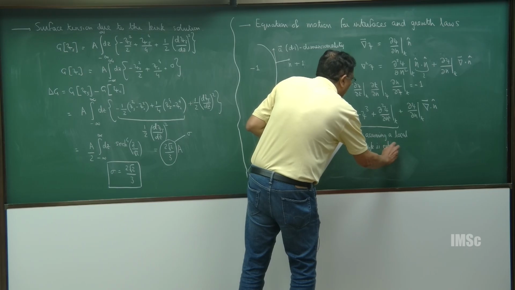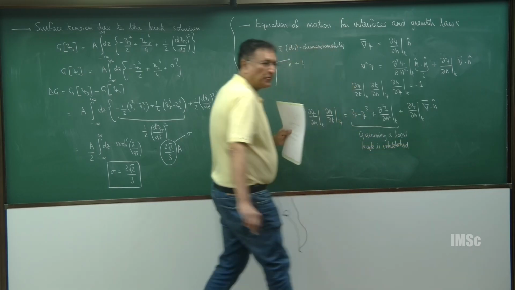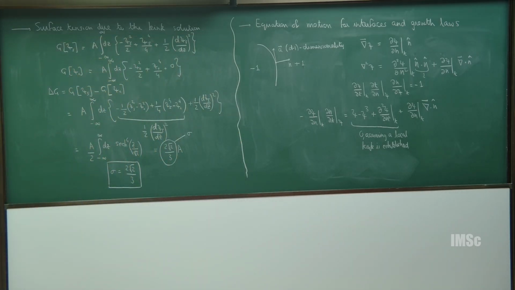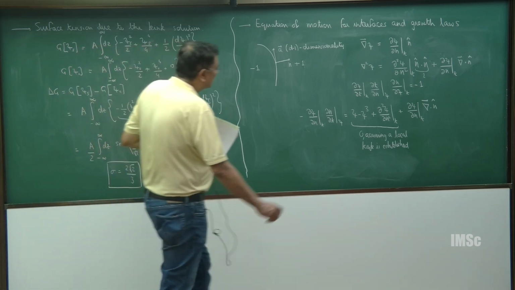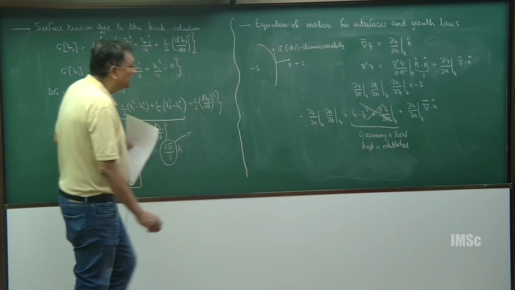Strictly speaking, this only holds for a flat interface, but for a gently curving interface at late times, it is almost true. So, you can drop this term, which was why I switched to these curvilinear coordinates.